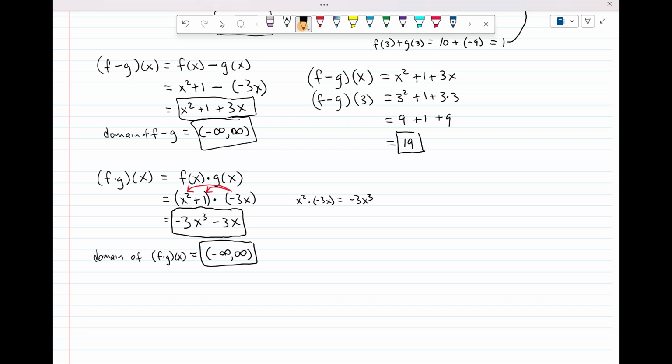All right, now let's plug in x equals 3 and evaluate this function. I'll start with the function itself, which is negative 3x to the third minus 3x. I'm going to plug in 3.